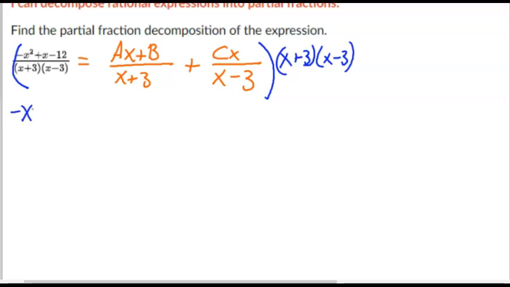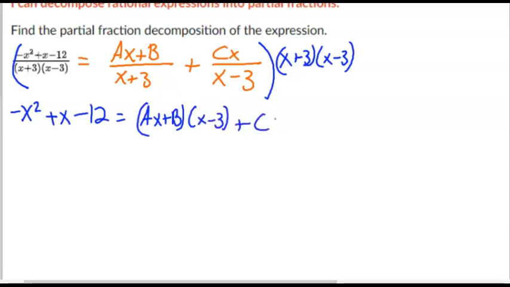We have negative x squared plus x minus 12 equals ax plus b times x minus 3 plus cx times x plus 3. Let's multiply these with FOIL.